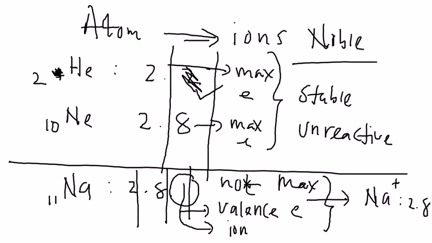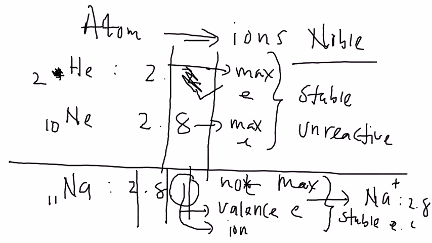All elements except those in the noble gas group have this tendency to form a stable electronic configuration, or electron structure, or you can call it EC, just like noble gas.